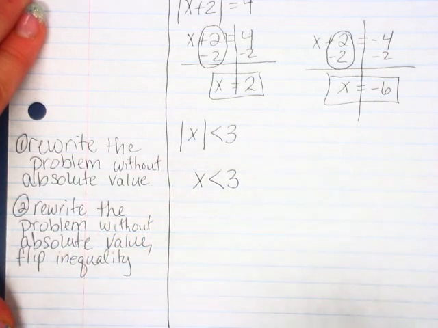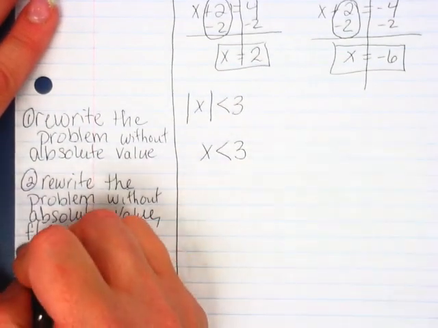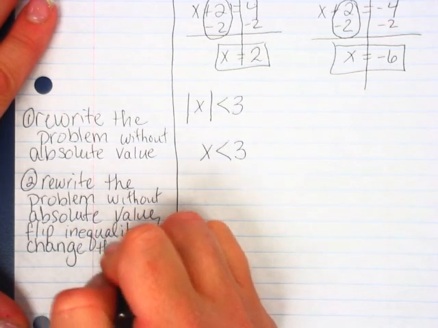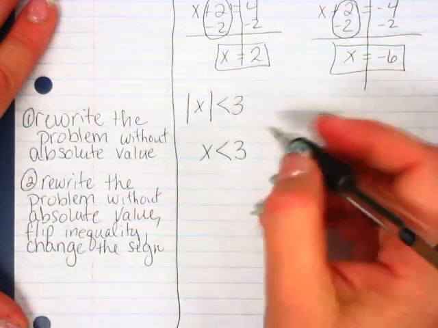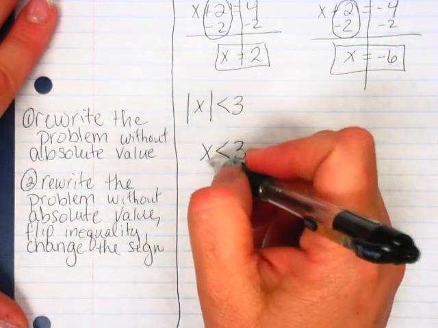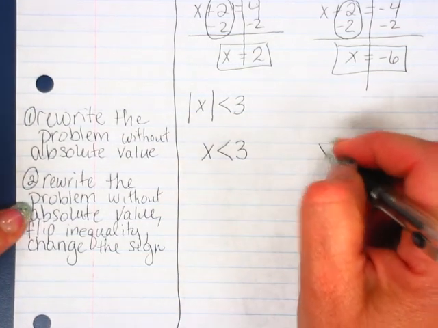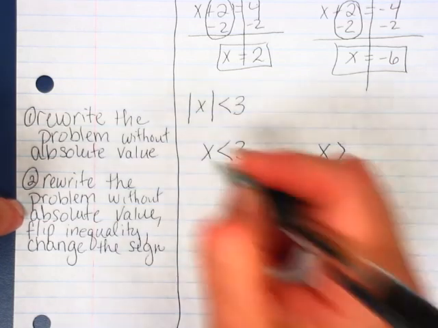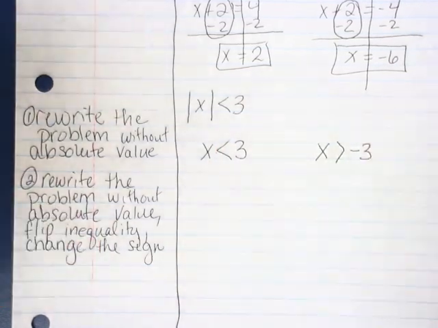Remember, an inequality just means it's not equal, so that's your less than and your greater than sign. You're going to make it opposite. For example, it was less than, now it's greater than, and we change the sign to a negative 3.